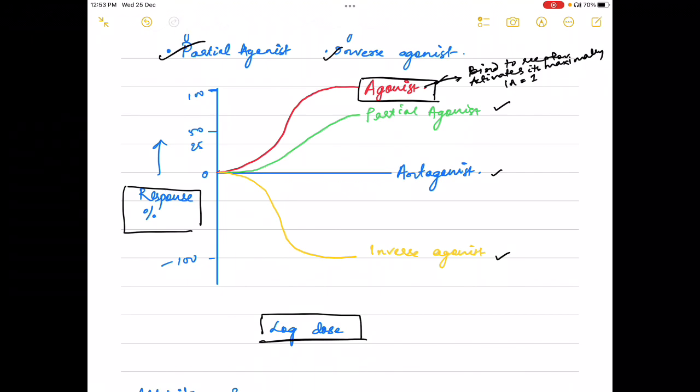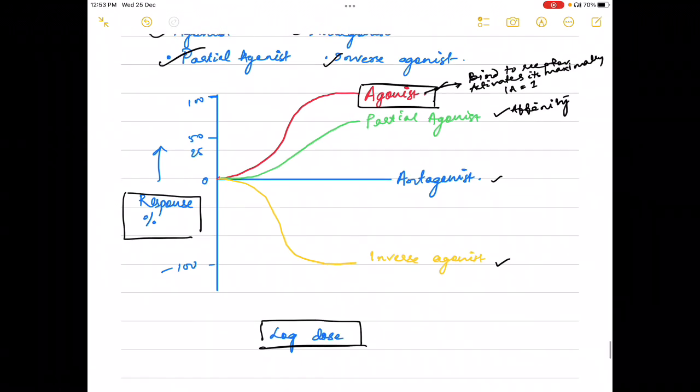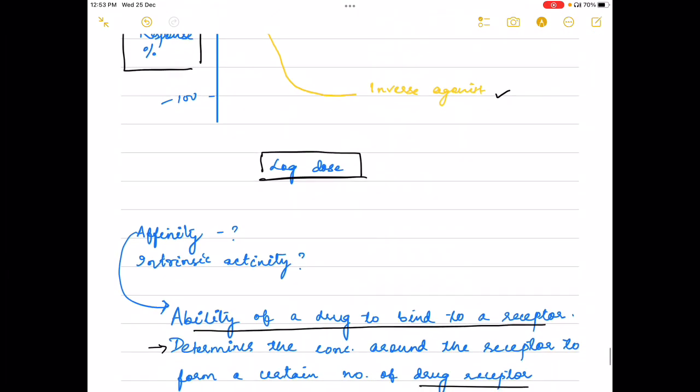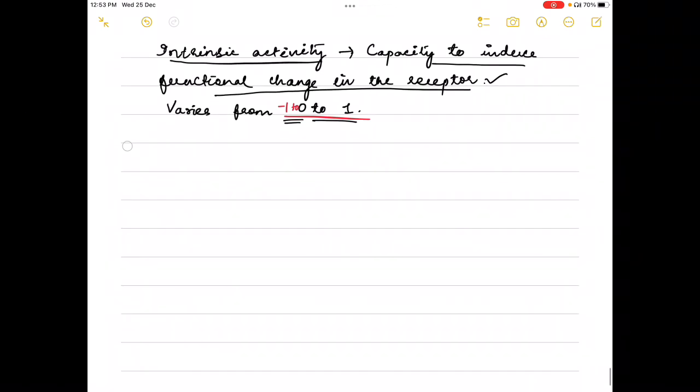Next is your partial agonist. A partial agonist binds with the receptor. That is, it has the affinity, but it has submaximal intrinsic activity, that is, intrinsic activity between 0 to 1. Here I will have to speak a few points regarding the partial agonist.